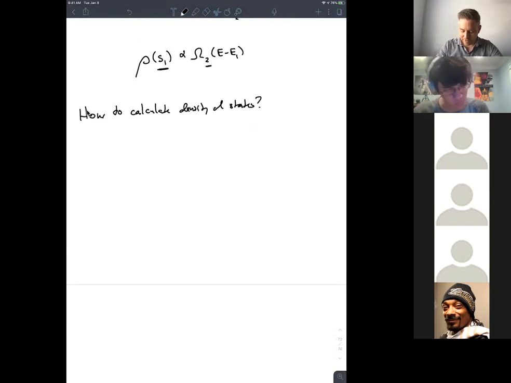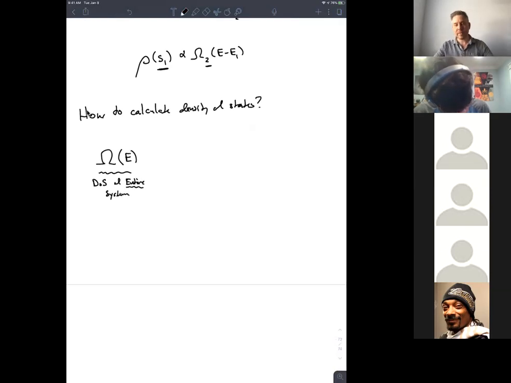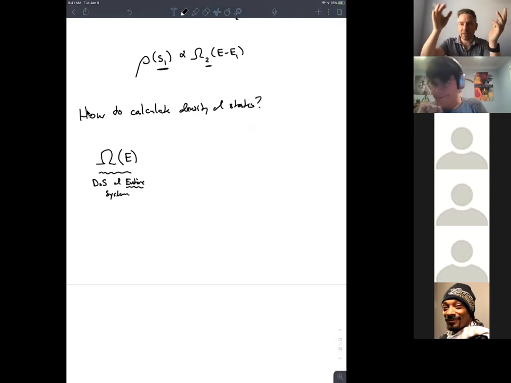It tells us that if we are looking at the density of states of the entire system, we have to determine the different dimensions in our phase space, and then integrate over all possible values of those variables.